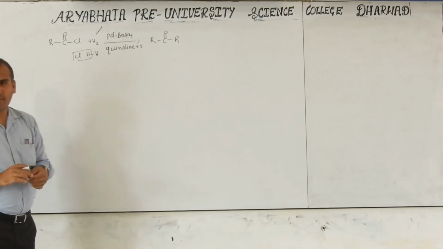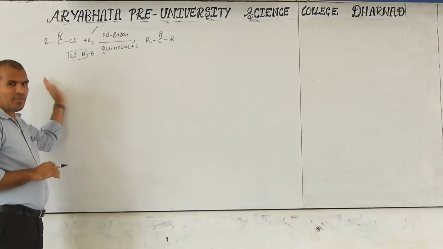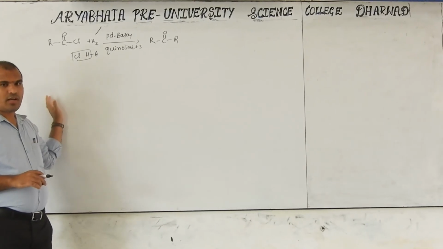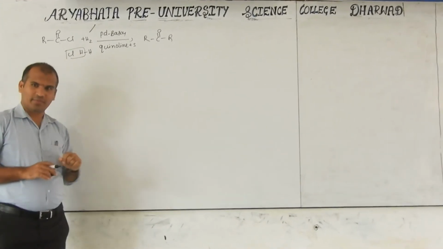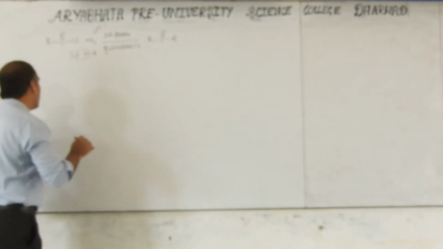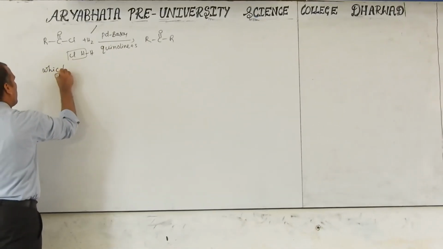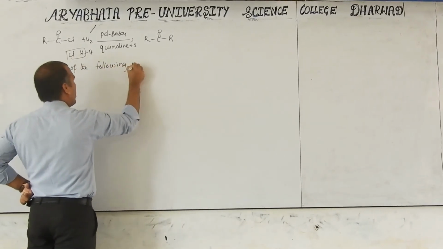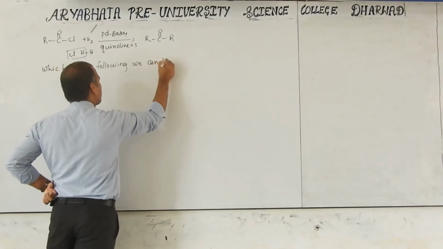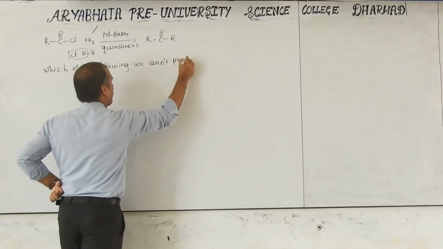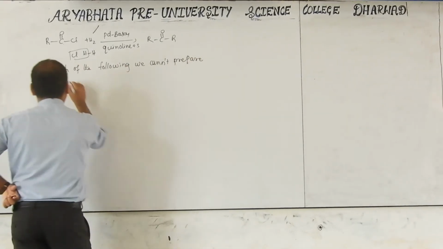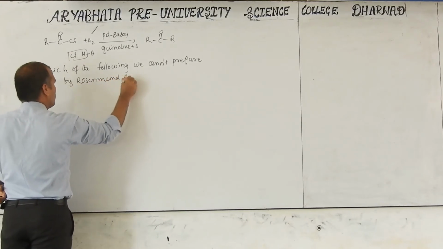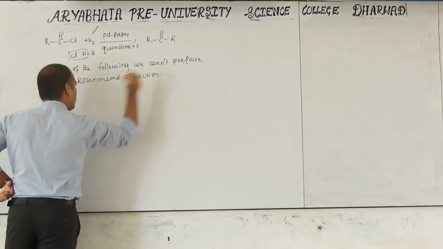Which of the following is prepared by using Rosenmund reduction? They may ask: formaldehyde, acetaldehyde, acetone, and A and C. Like this question may be asked. What is the question? Which of the following we cannot prepare by Rosenmund reduction?